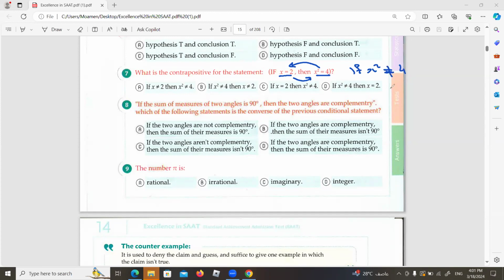So x not equal to, not equal for both, and flip. So this is our answer.